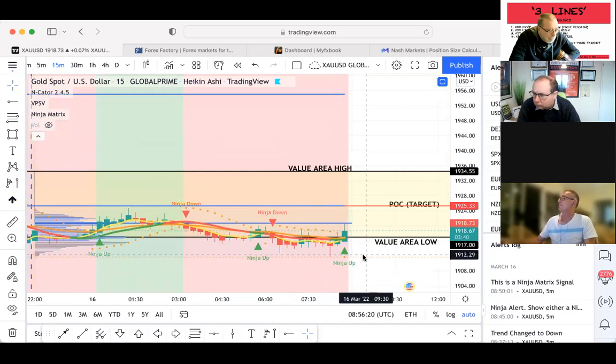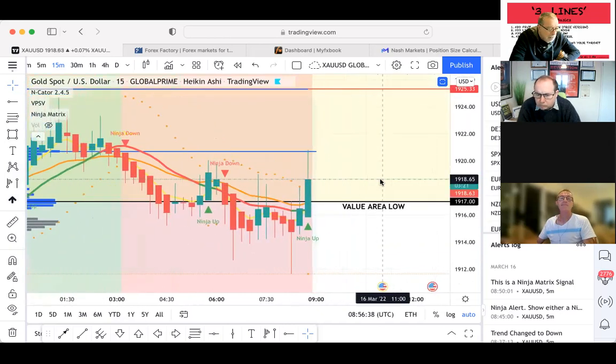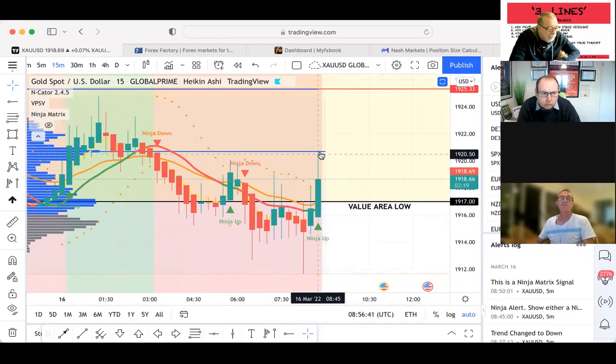So my thoughts on this are, we wait and see. I would want to see price get above that line at today's POC before I will get into a trade. For the simple reason that if I get into the trade now, I've got a potential of getting drawdown.